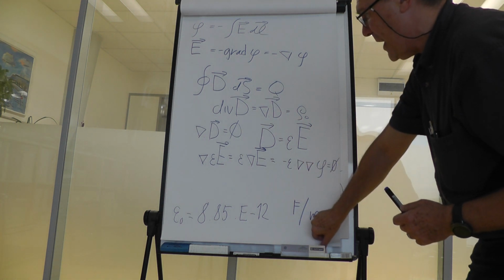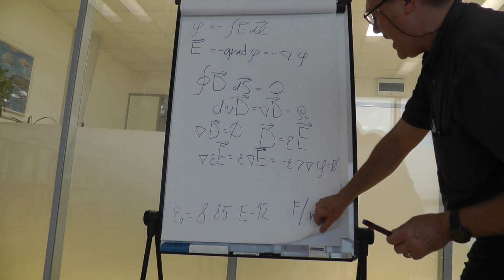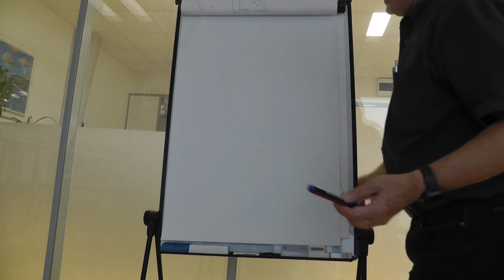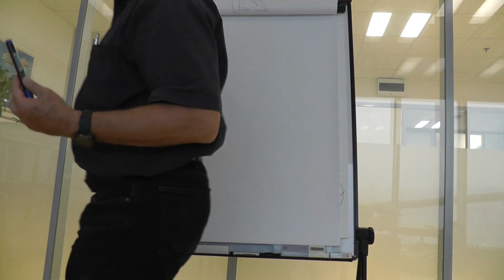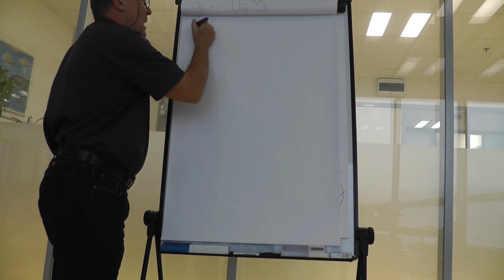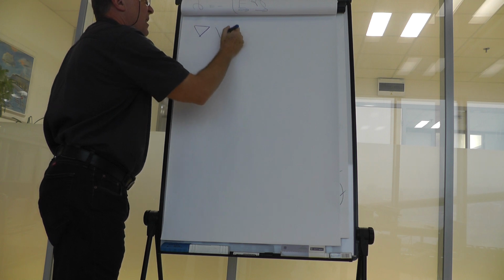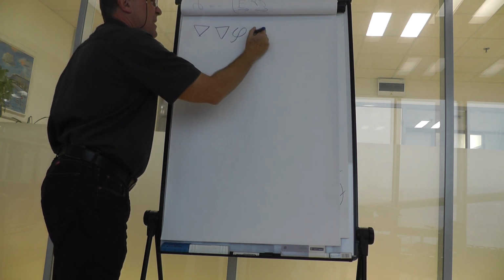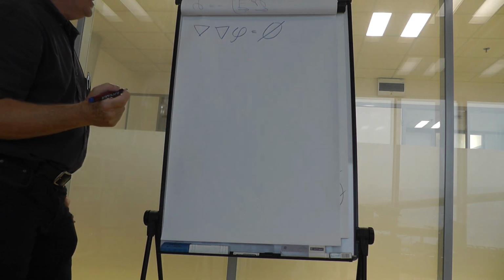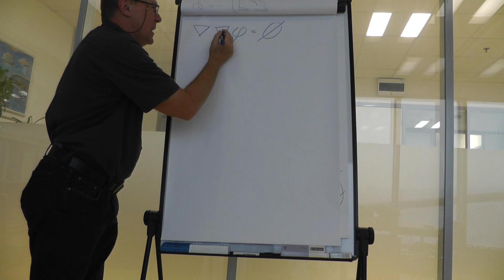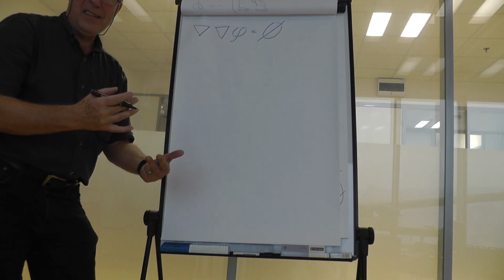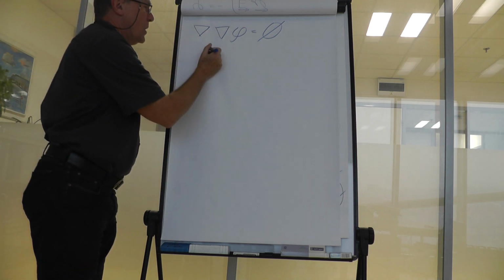I would rewrite that as a new law on the next sheet of paper, because noting that epsilon is not 0, we could write that as nabla phi is 0, and this nabla has a special acronym which is called Laplace.